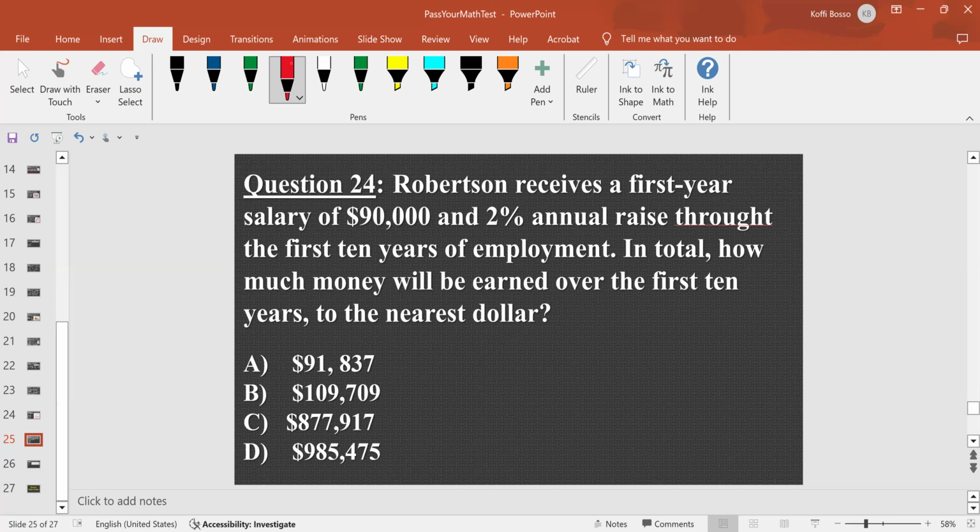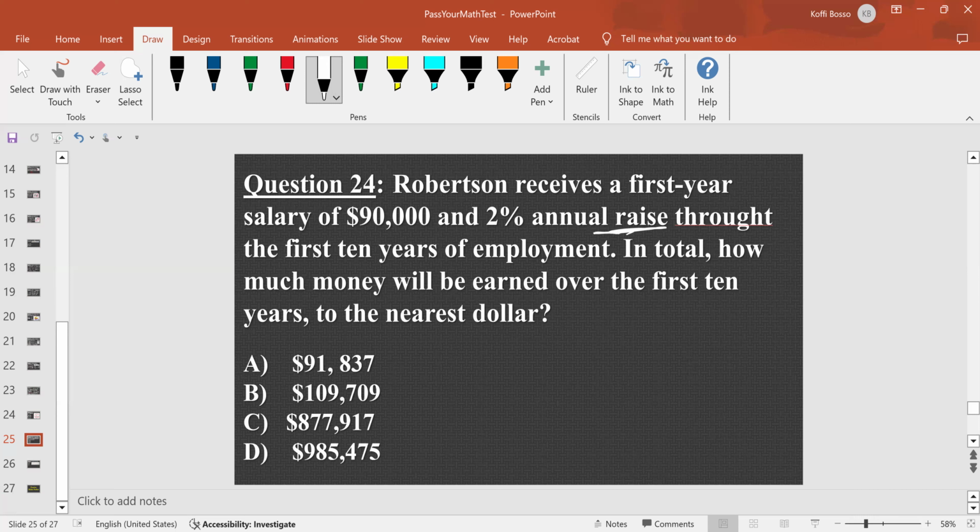They say Robertson received a first year salary of $90,000 and a 2% annual raise. When they say raise, that means what? The money goes up. So for 2%, if you divide that amount by 100, you take 2 parts, and you add it to the 90,000.